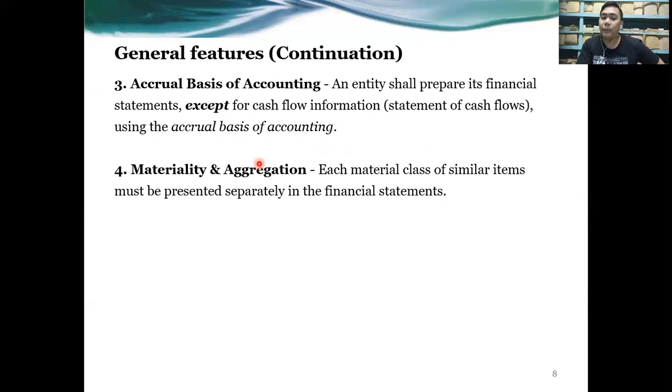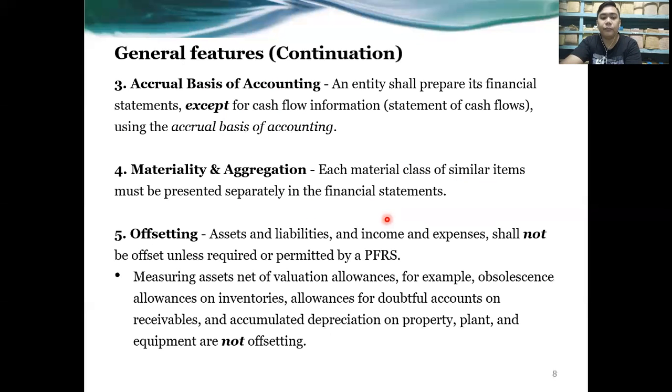So materiality and aggregation. So each material class of similar items must be presented separately in the financial statements. So offsetting. Assets and liabilities and income and expense shall not be offset, okay, unless required or permitted by PFRS. So in general, bawal ang offsetting unless ginhambal sang standard nga pwede. So measuring assets, net of valuation allowances, for example, obsolescence allowance, allowance for doubtful accounts, okay, are not offsetting.